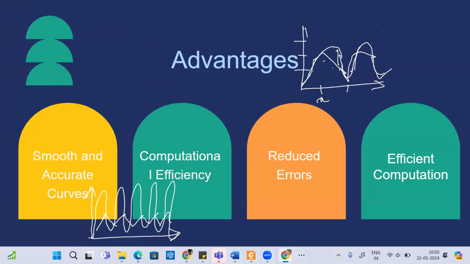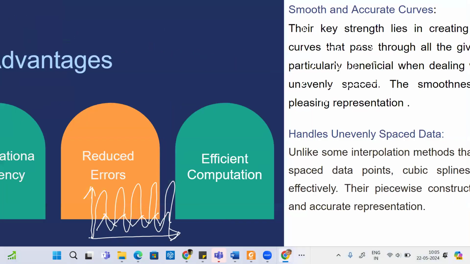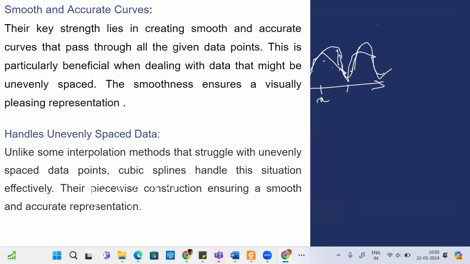Next, I am talking about the advantages of cubic spline interpolation. First, we have a smooth and accurate curve.